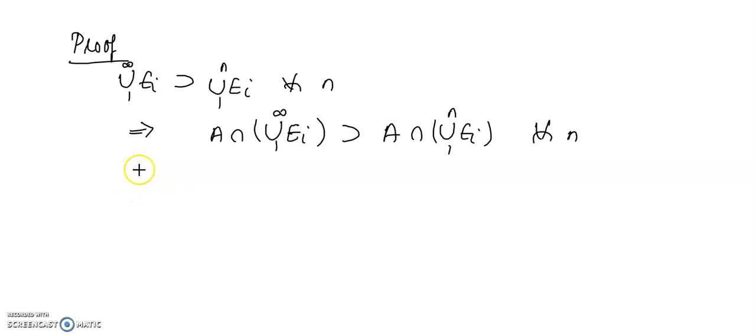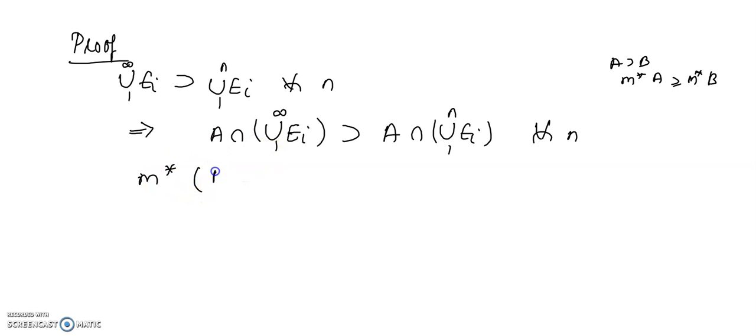Now, by the property of m star, if you have A contained in B, then m star of A will be less than or equal to m star of B. So m star has this property.